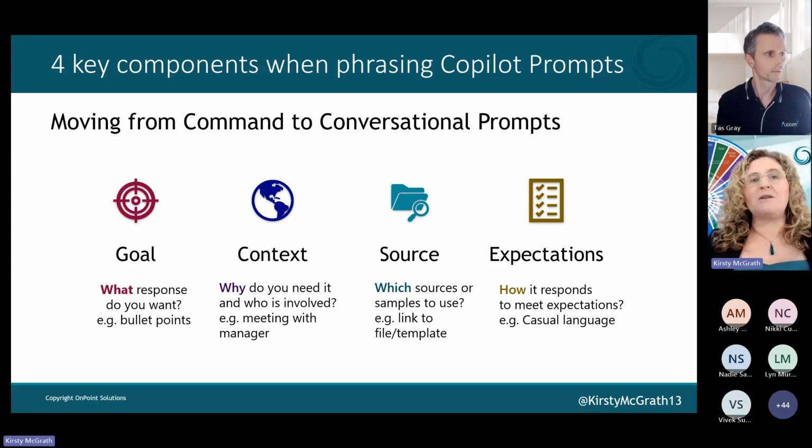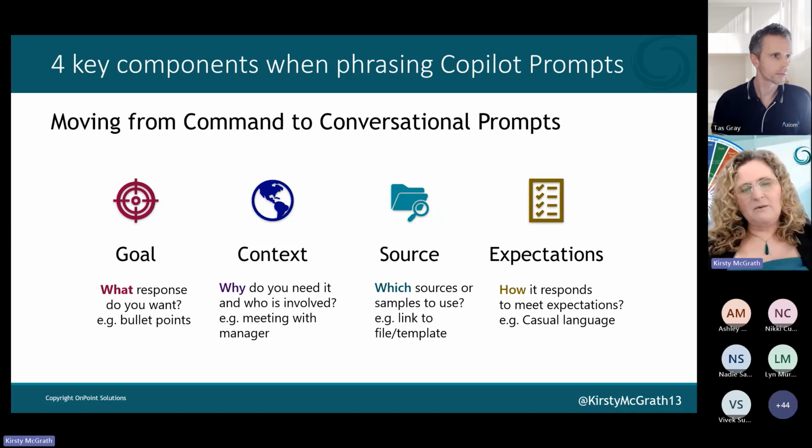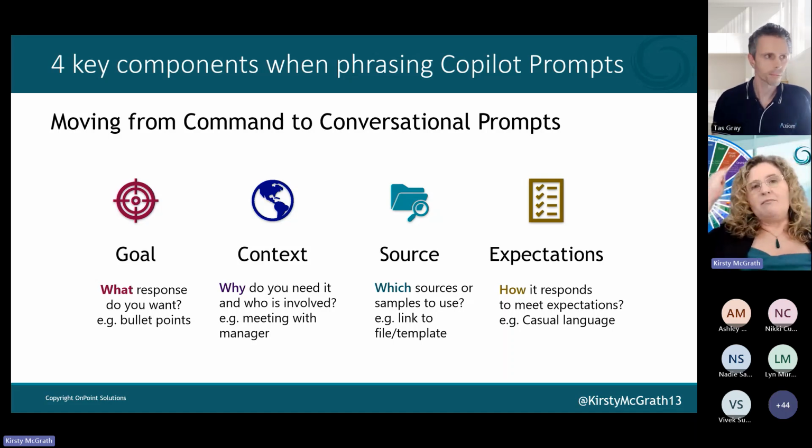It's a conference with all of my clients. So you've got to put the why. It's in context. You might even go, based on this source. So I want 5 bullet points. I'm having a meeting with my manager and I want to do it based on my performance review. Here's the document, put a link into it. So go and have a look at it, for example.